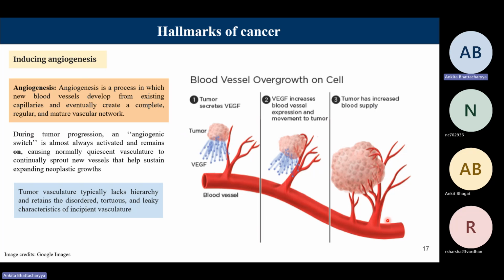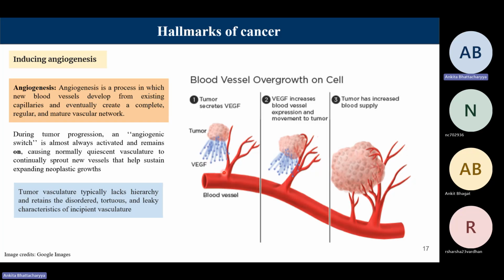So it has this uncontrolled, unregulated, unplanned way of growing. And this tumor vasculature lacks hierarchy. It is very disordered. It is very leaky in terms of its functionality as part of the vasculature of that particular individual. So you can see that the outgrowth of blood vessels around the tumor is occurring in this haphazard fashion. So that's what we see here.